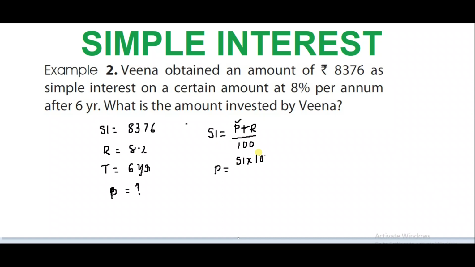SI into 100 by, next send TR to left hand side. By, it will become division by TR. Now substitute the given values. SI equal to simple interest 8,376 rupees into 100 by time equal to 6 years into rate equal to 8.